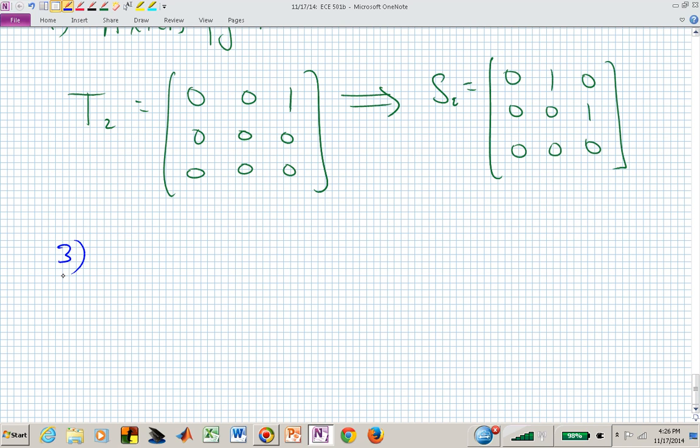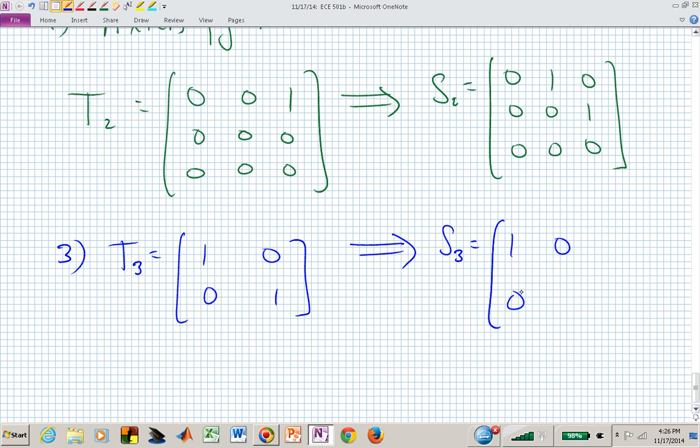So that one shouldn't be too hard to see. Now, knowing what we know about multiplying matrices, t sub 3. This is a really tough one. An identity matrix, what's its square root? Same thing, isn't it?